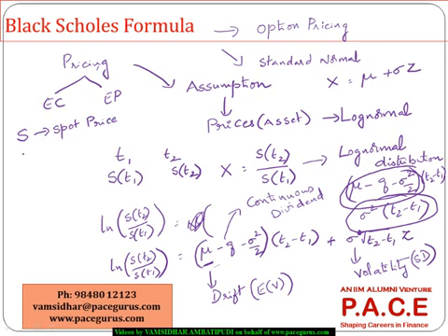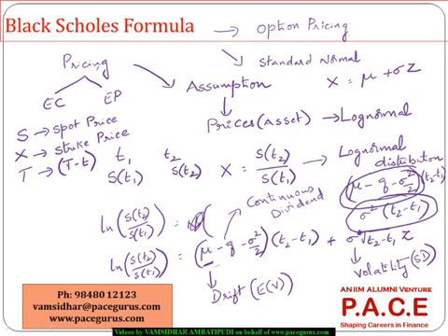Then I am looking at the strike price of the option, the price at which the future buying or selling of the underlying is going to happen. We are looking at the time to maturity of the option. Generally, we denote it as capital T minus small t, where capital T is the maturity period and small t is the point at which we are doing the valuation.